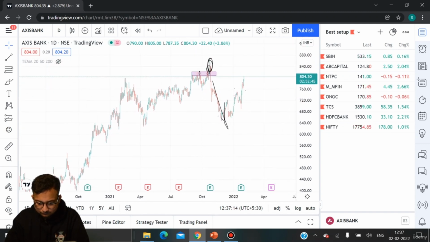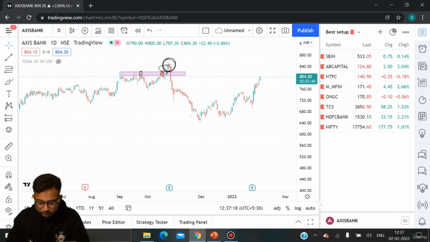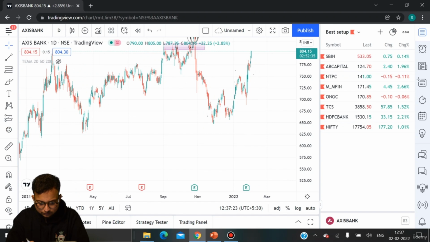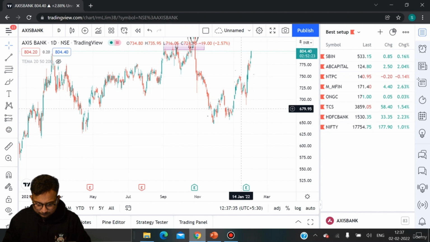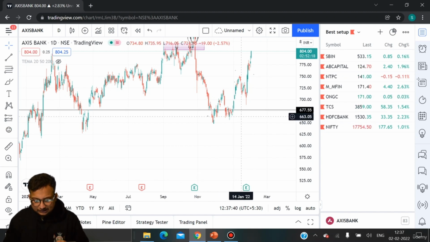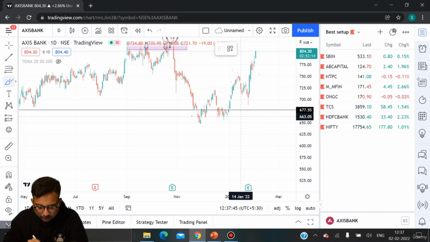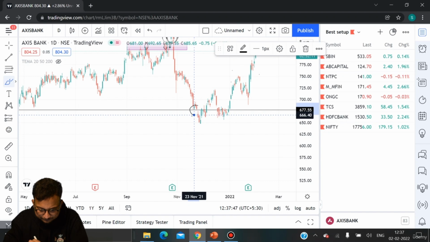Okay, we got a very good example. Let's say this was a support level, right? This was a very strong support level.